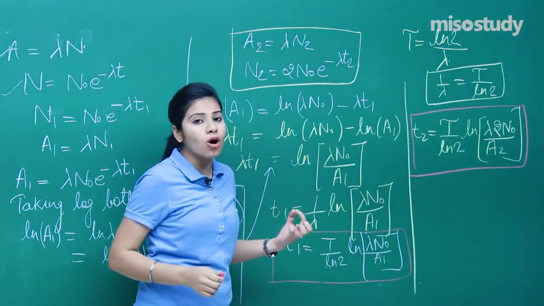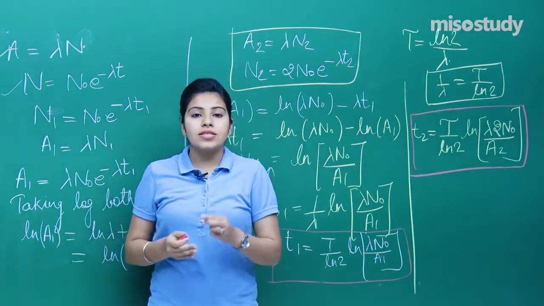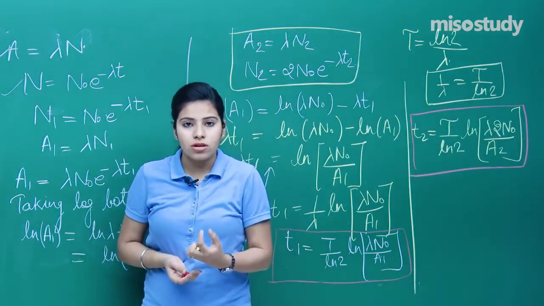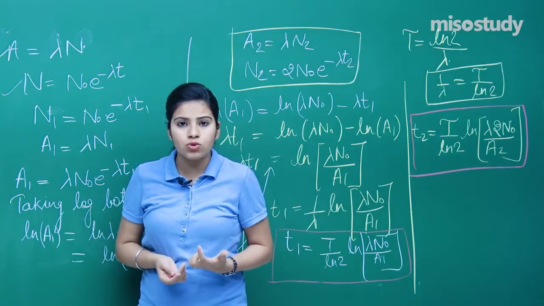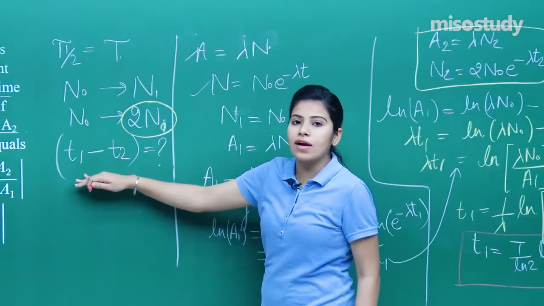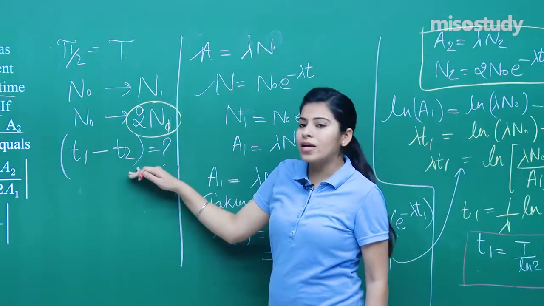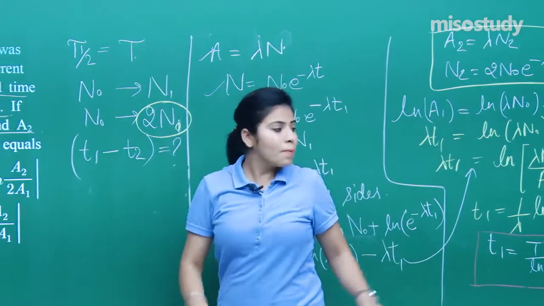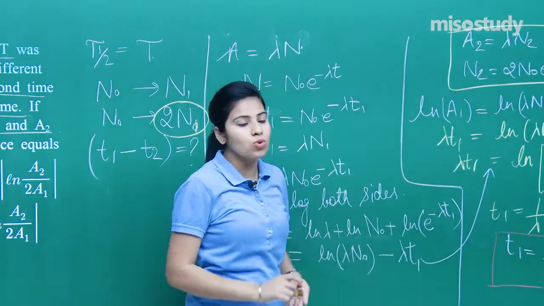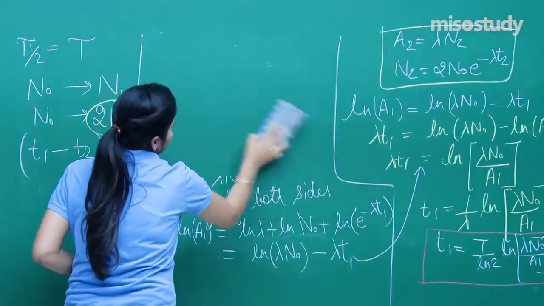After finding both equations, because we have to find the age difference, that will be T1 minus T2 definitely. I have written over here, you can see that in the question we have to find the age difference. So T1 minus T2 we have to find. Because I have my T1 and T2, I am going to use them to find T1 minus T2.